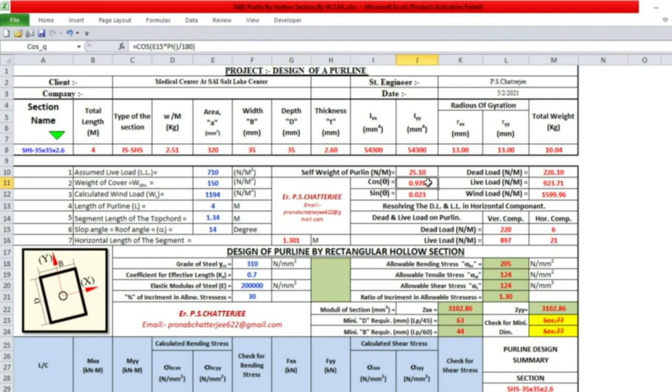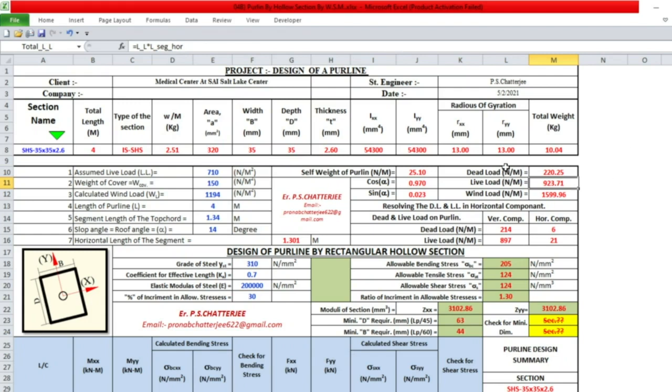Now this is cos theta, cos alpha. This is sine alpha. Now dead load is equal to weight of cover into length of the segment horizontal, plus self weight of purlin.